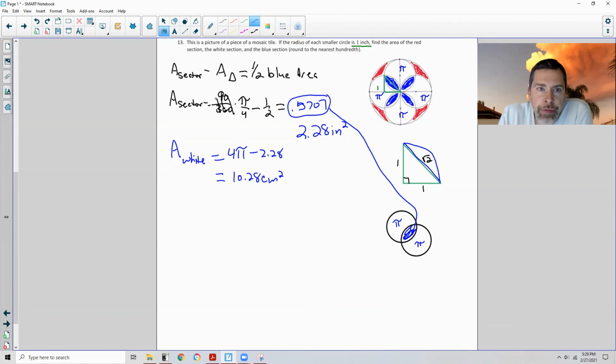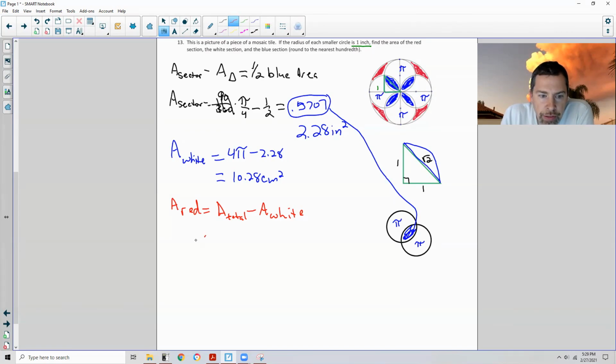So the area of the red, okay, I get it. The area of the red equals area total minus area of the white. So the area of this circle now, if that's 1 and that's 1, that has a radius of 2.